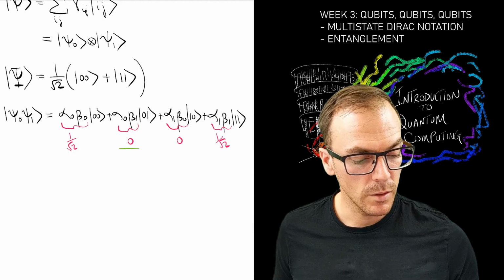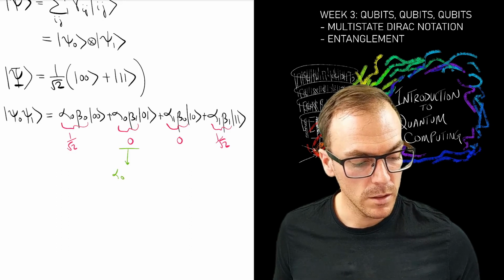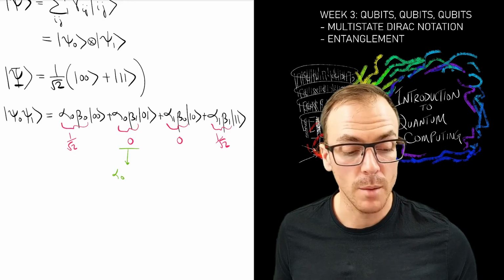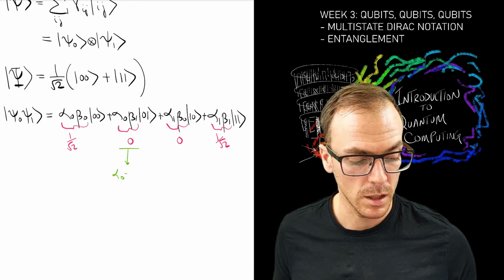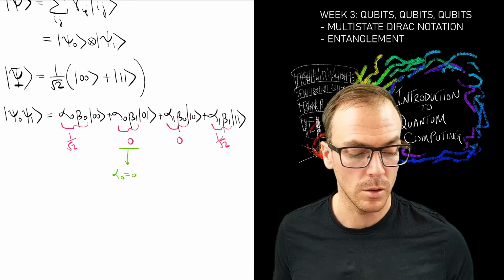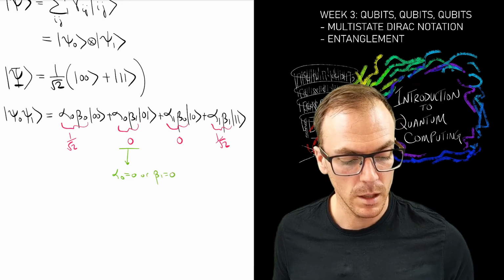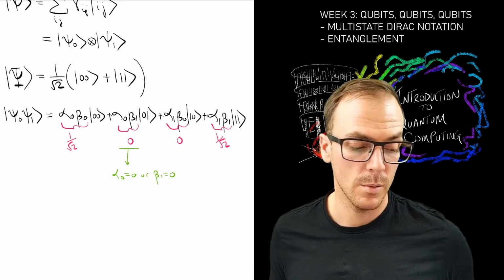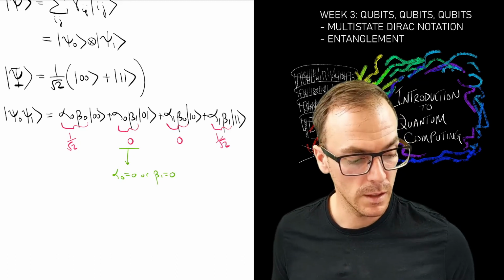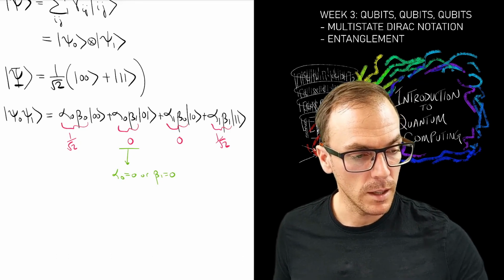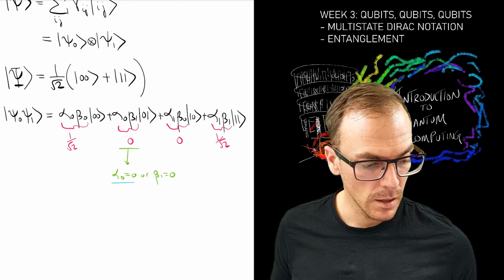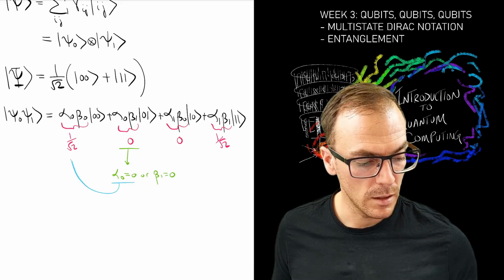If alpha 0 times beta 1 has to equal 0, then either alpha 0 is 0 or beta 1 is 0. So if that term is 0, one of these two has to be 0. Right. If this is 0, then we have a big problem here.